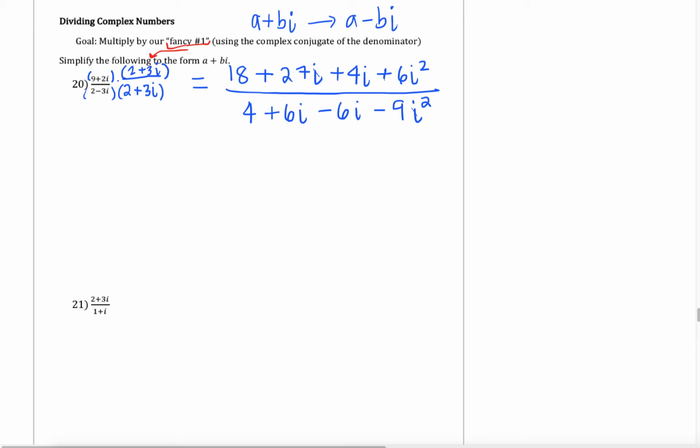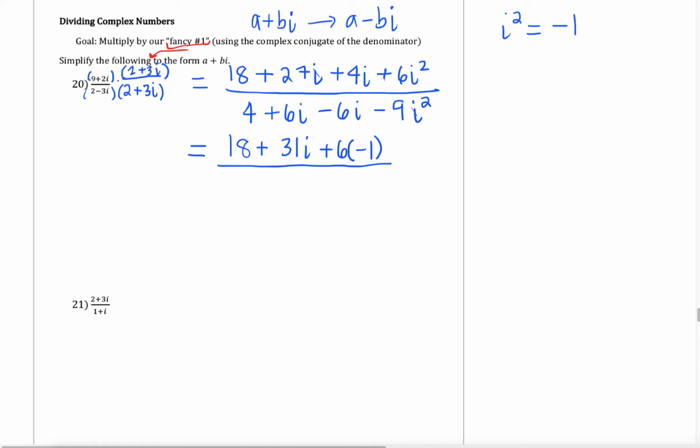On each one of these I want to simplify as much as I possibly can. In our numerator I can combine our imaginary terms of 27i and 4i to get us 31i. On our i squared terms, remember i squared is equal to negative 1. So I'm going to replace the i squared with a negative 1 in both the numerator as well as in the denominator.